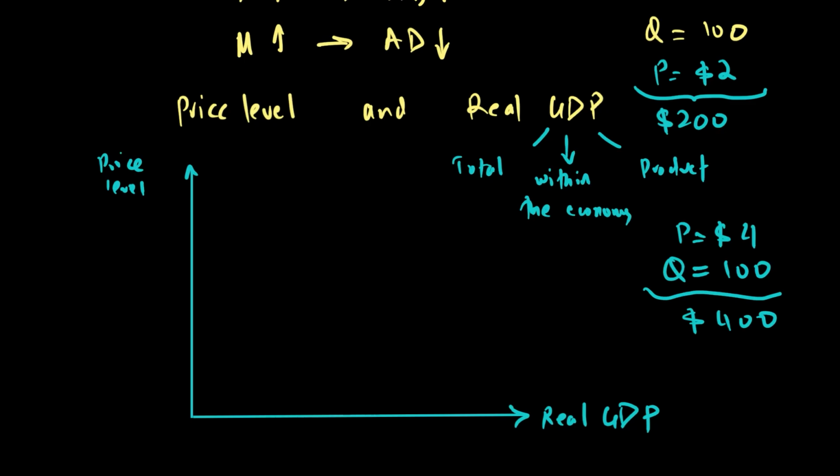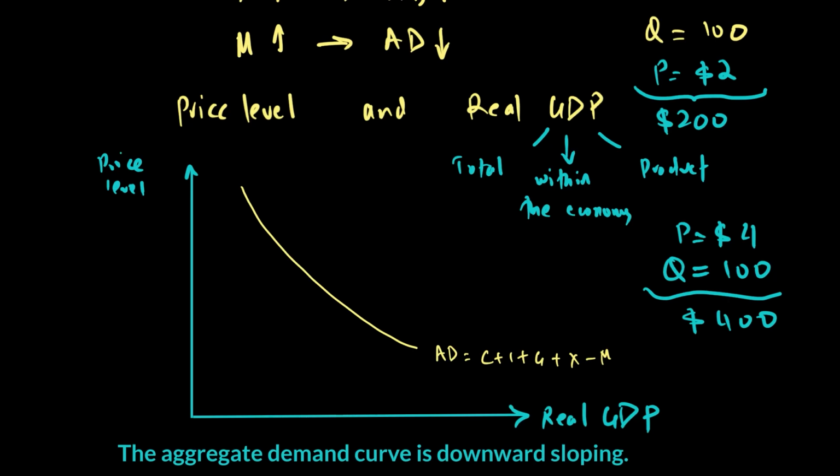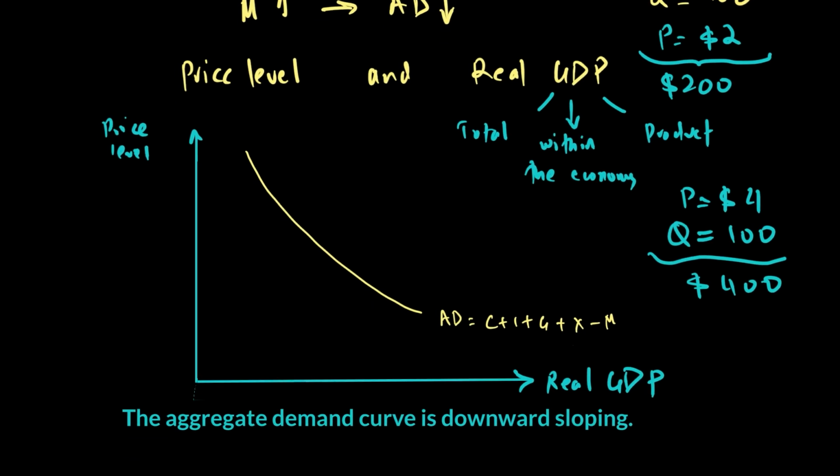And when you look at price level, it is an indication of the cost of living of an economy. So if I look at my aggregate demand curve, I will find my aggregate demand curve to be something like this: a downward sloping demand curve, made up of C plus I plus G plus X minus M. Now, I am saying that the AD curve is downward sloping, and we'll talk about the reason in 1 minute, but it basically means that if your price level goes down, for example from P naught to P1, your real GDP, or the total output that you make in an economy, actually goes up.